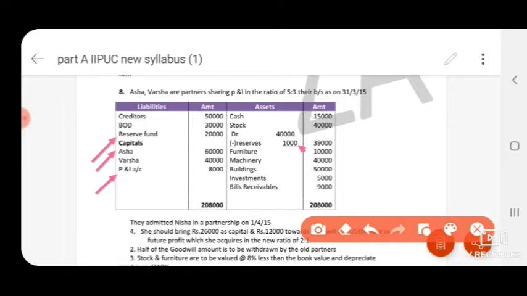So this is about old balance sheet. So old balance sheet items, all the assets and liabilities transferred to balance sheet except reserve fund, capitals, profit and loss account. These items we have to record under partners capital account.